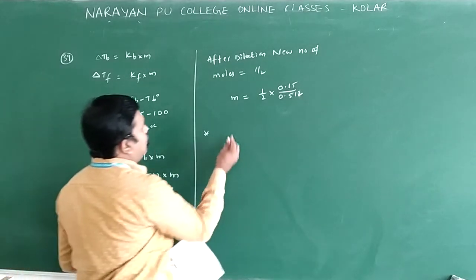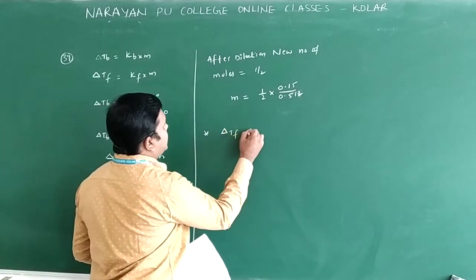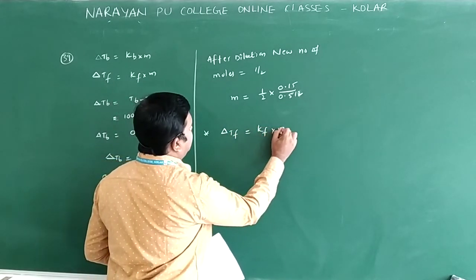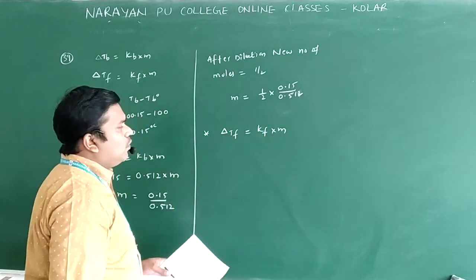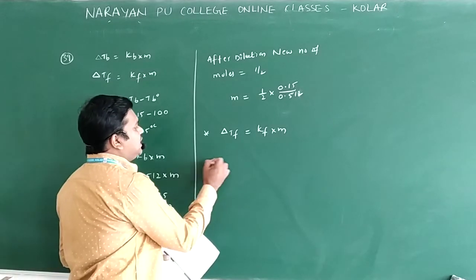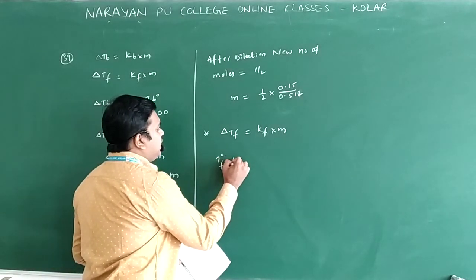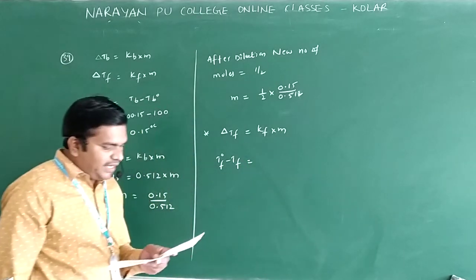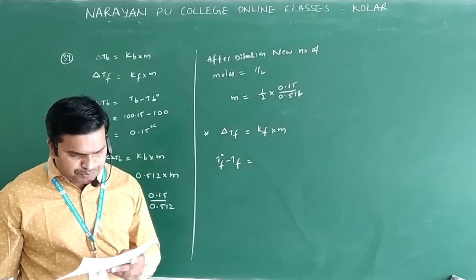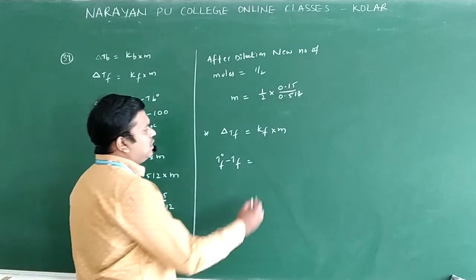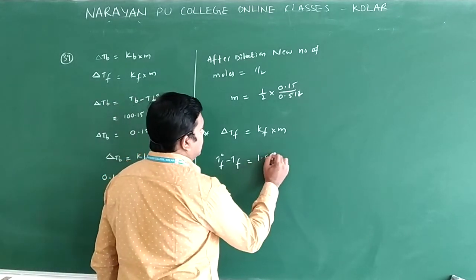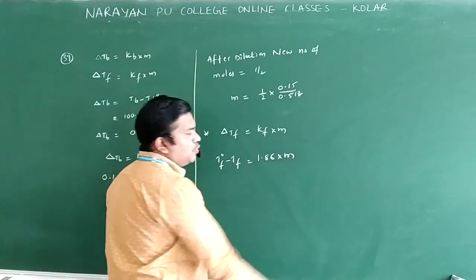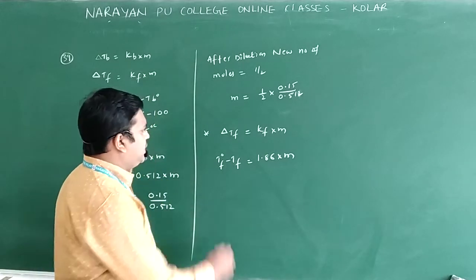What is the formula we have? Delta Tf is equal to Kf into m. Clear? What is delta Tf? Delta Tf you can write as Tf naught minus Tf. That is equal to the Kf value given in your question, that is 1.86, into the molality.